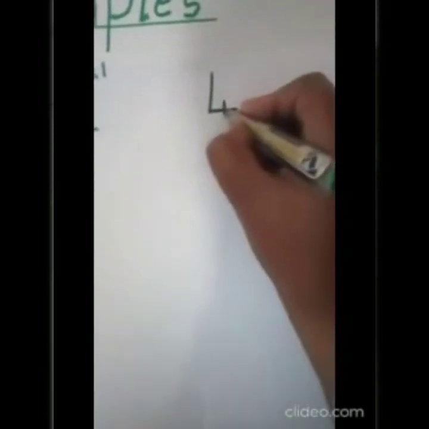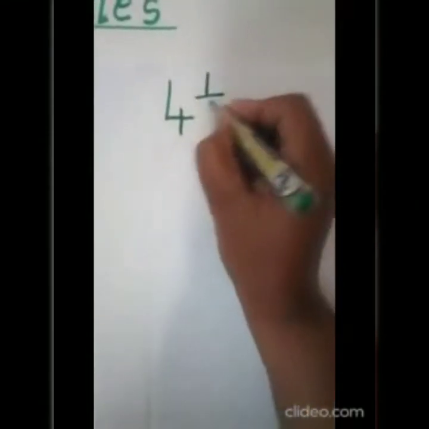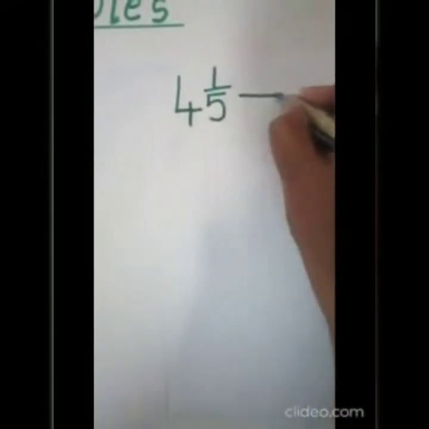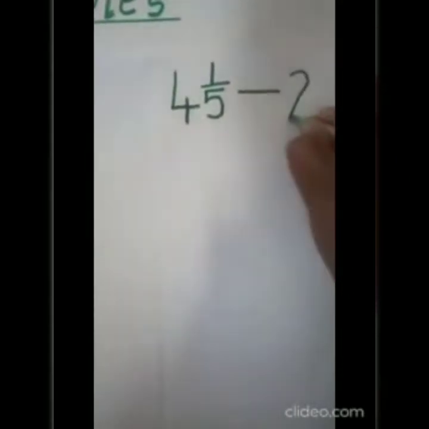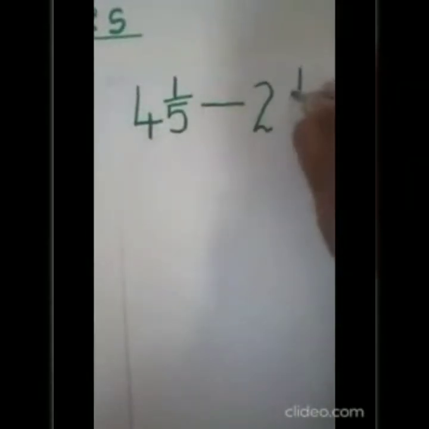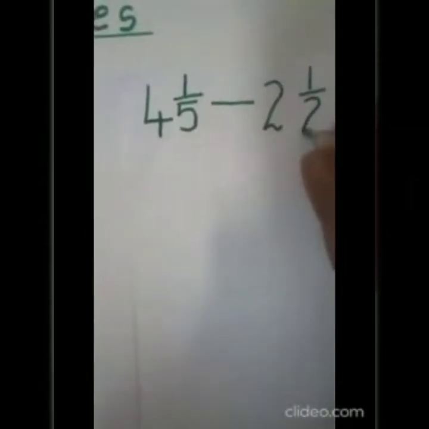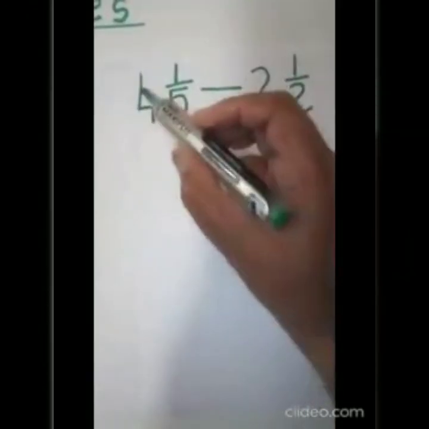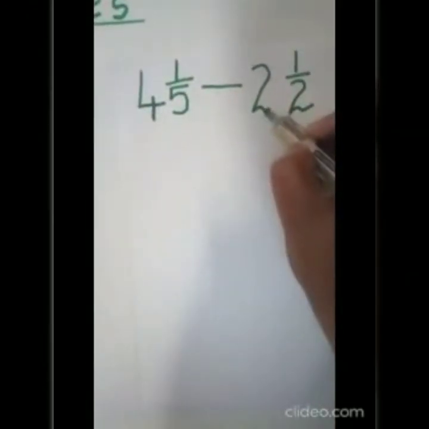Our next example is 4 and 1/5 minus 2½. Our first step, we subtract the whole numbers.